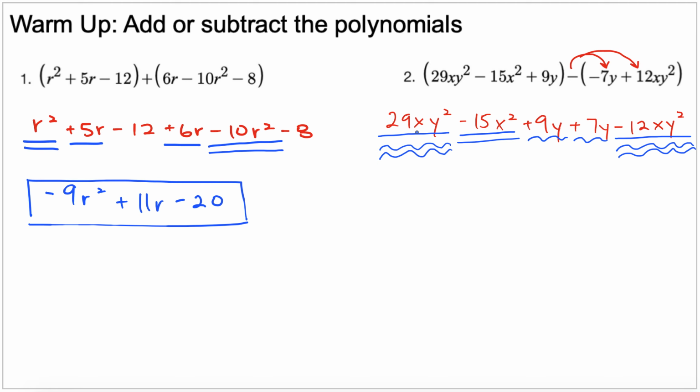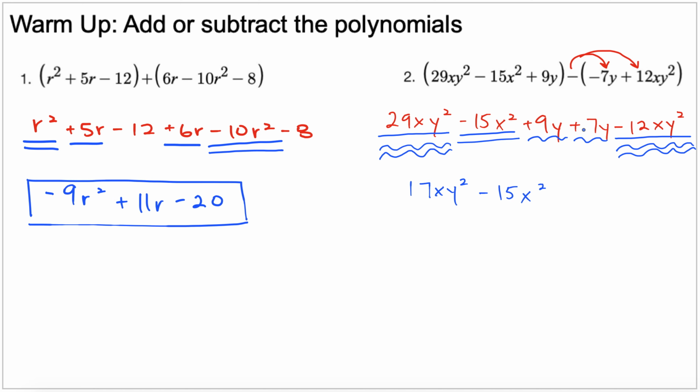So I have 29 here, and then I have negative 12 here. 29 minus 12 is 17, and then I'm just going to copy the variables down exactly the same. And then I'm going to address the next number of underlines, which is the 2 underlines right here, but I don't have anything else that has that same underline pattern, so I'm just going to leave that one alone.